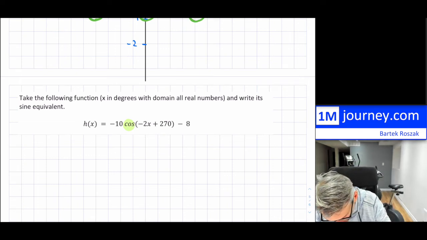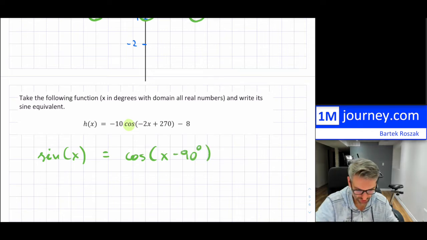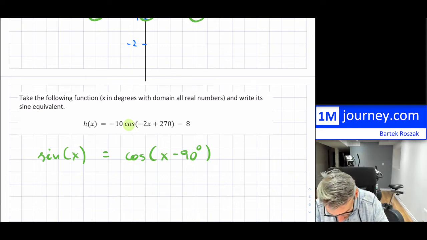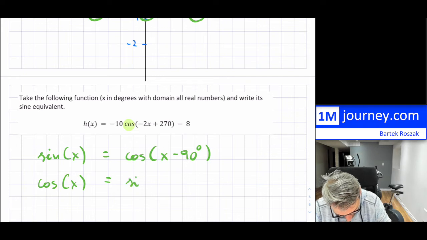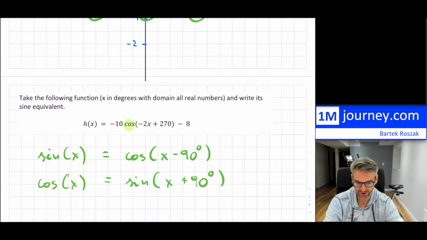Remember, sine of x is the same as cos of x translated by 90 degrees. But if it's in cos of x and you want to write it as sine of x, you translate it in the opposite direction.